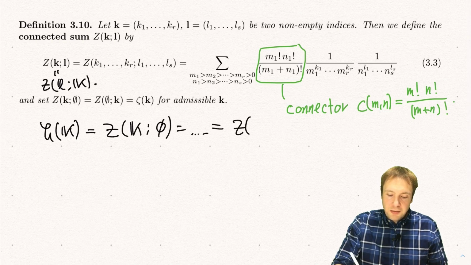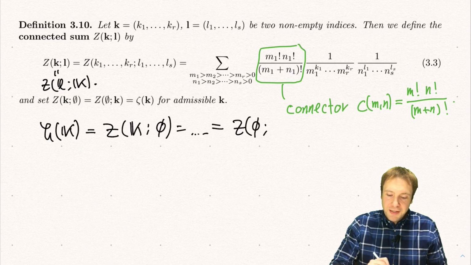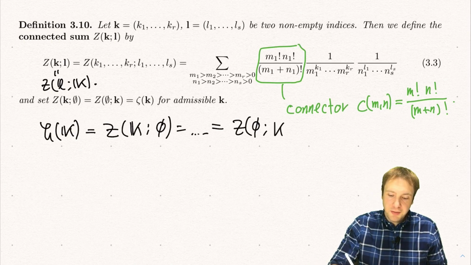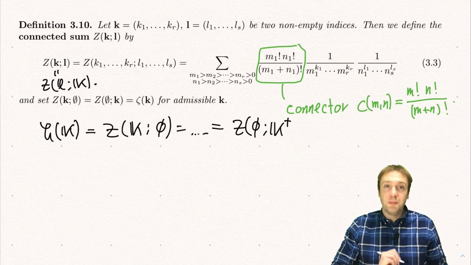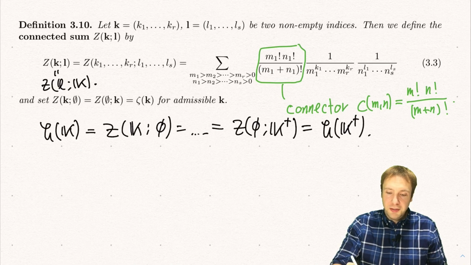And then we will end up with an empty index on the left-hand side. After transporting the index from the left-hand side to the right-hand side, we will not get the same index, but we will get exactly the dual index, k dagger. And this, by definition, is zeta(k dagger).